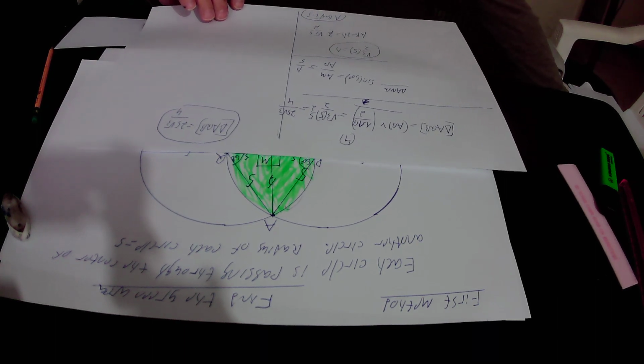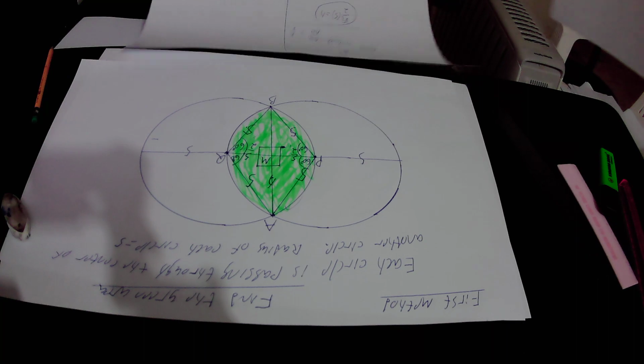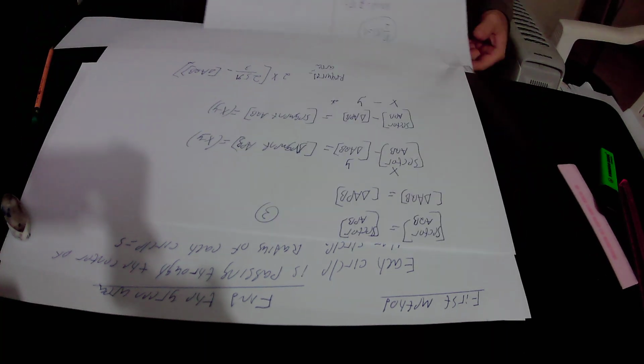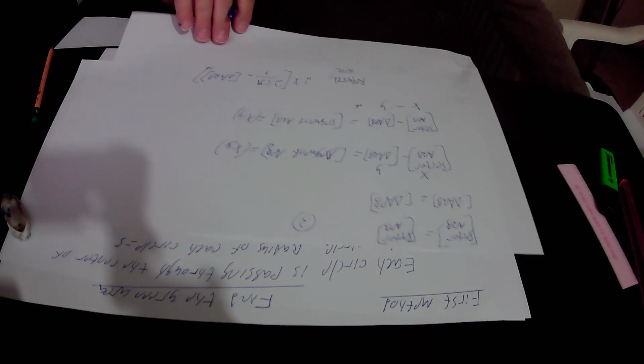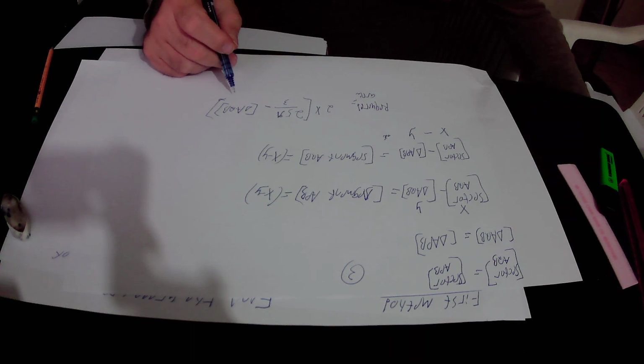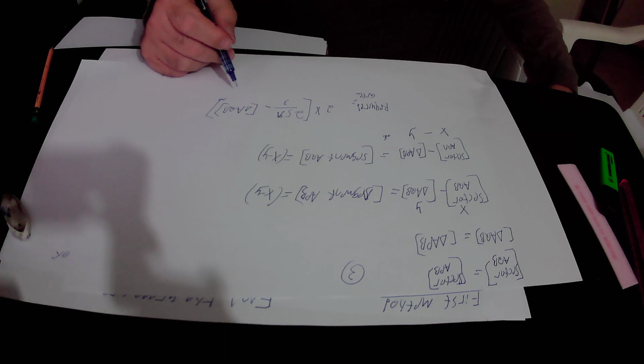Okay, so here we will substitute the area of triangle AQB by 25 times square root of 3 over 4. That is the area that we found for triangle AQB.